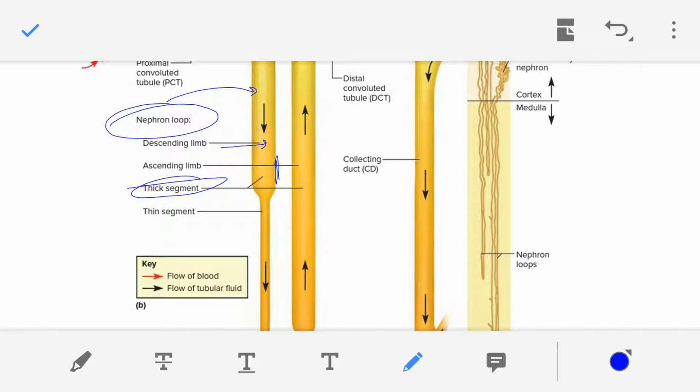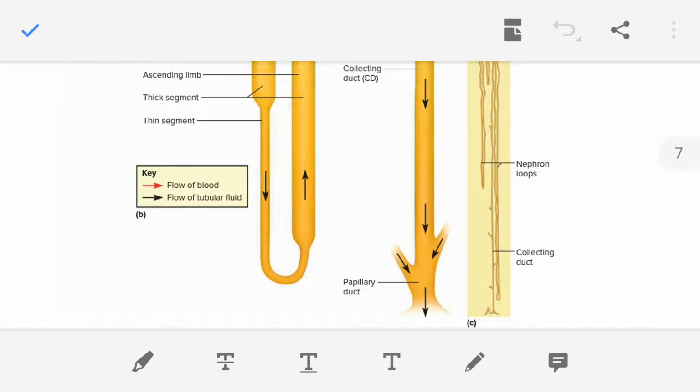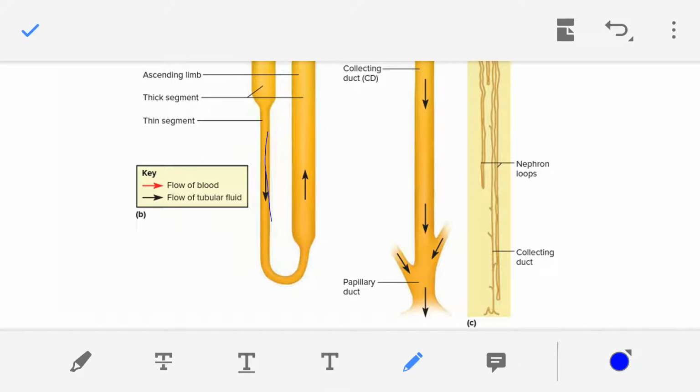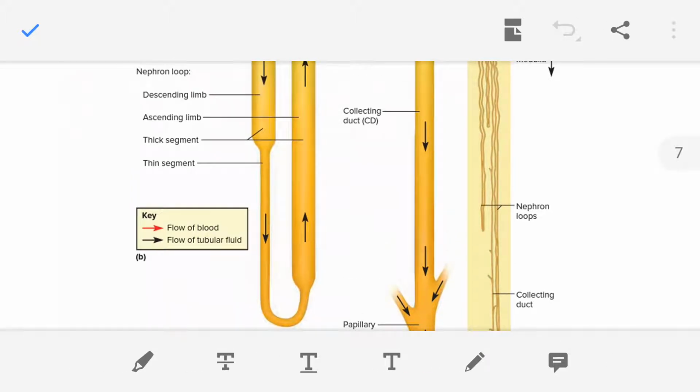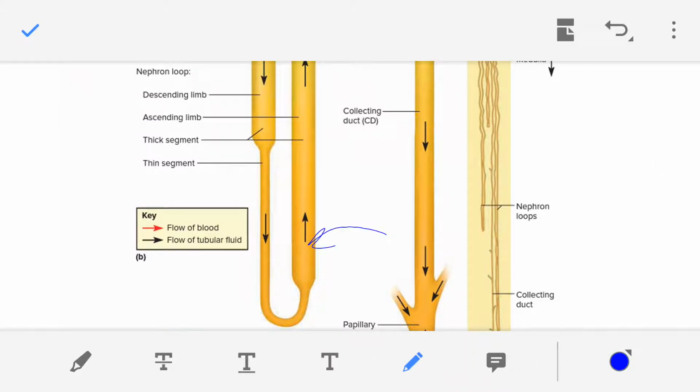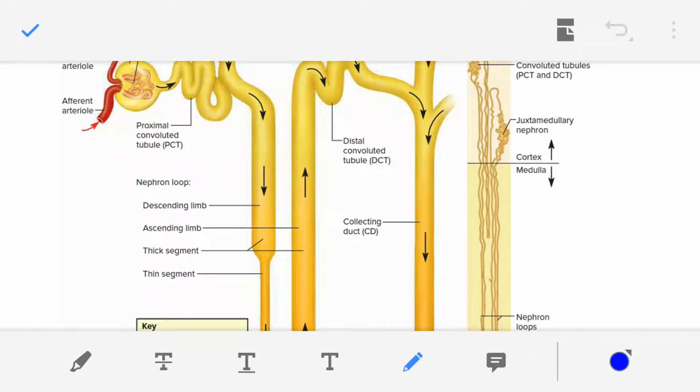Now then there is a decrease in diameter, so this is a thin segment, okay, then thin segment, descending one, then they form a hairpin-like turn, and now this renal tubule is ascending, going upward. So here again the diameter has increased, okay, so that's why this portion is known as the ascending limb, and this ascending limb finally opens into the DCT.